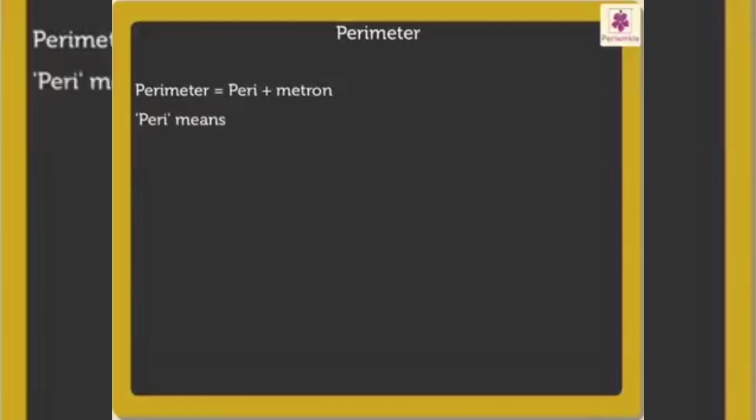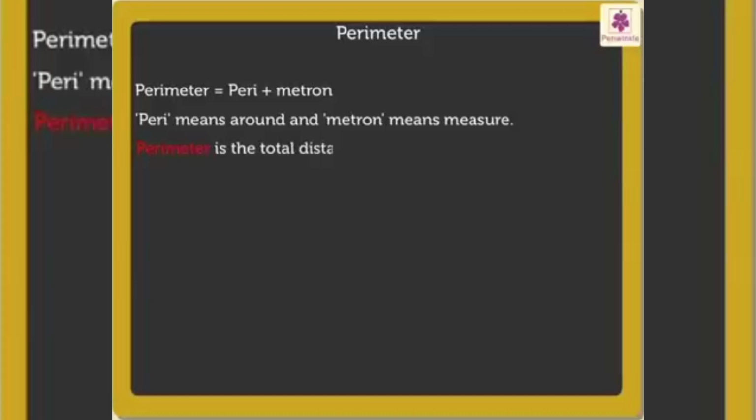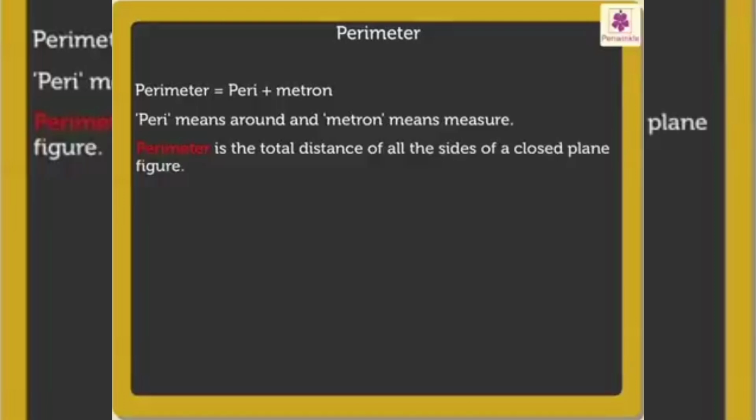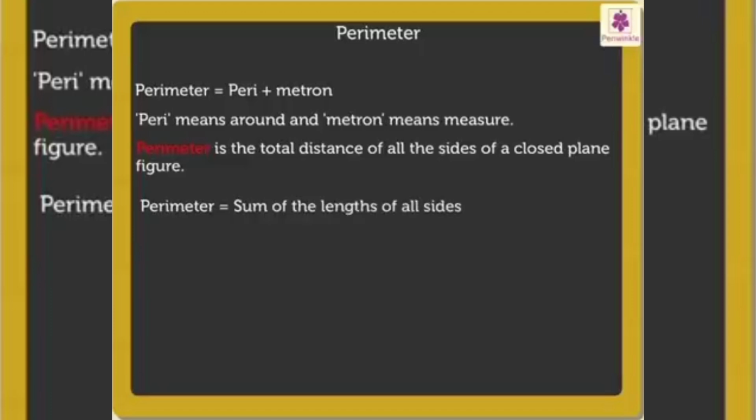Peri means around and metron means measure. Thus, perimeter is the total distance of all the sides of a closed plane figure. Hence, it is found by adding the lengths of all the sides of a closed plane figure.